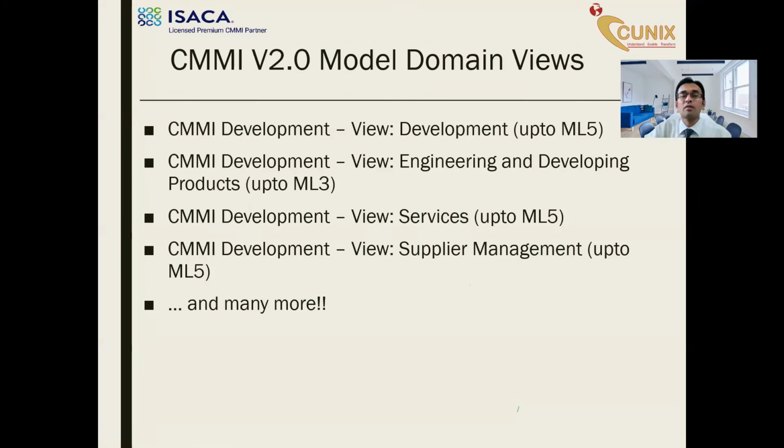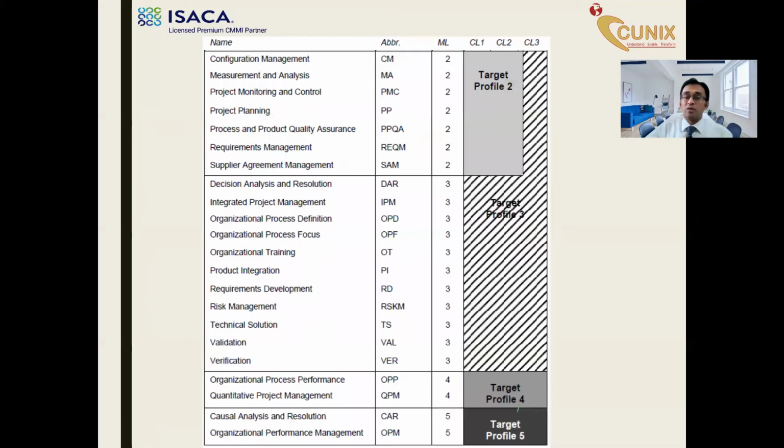So let's talk about the scope. For example, if you're targeting a particular maturity level, what to expect in 2.0? Let's try to address that question. This image is for your version 1.3.